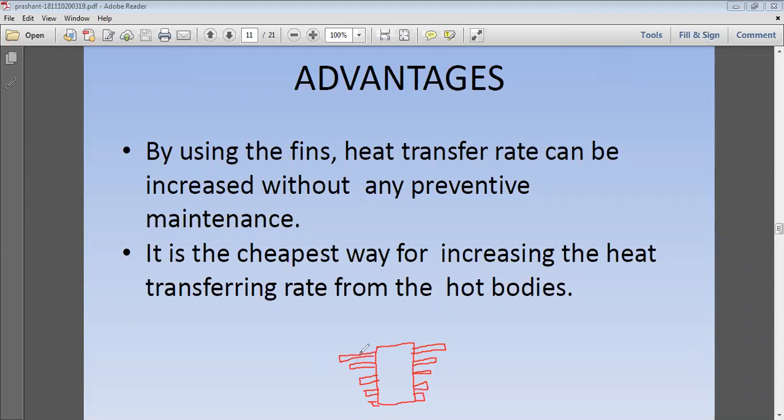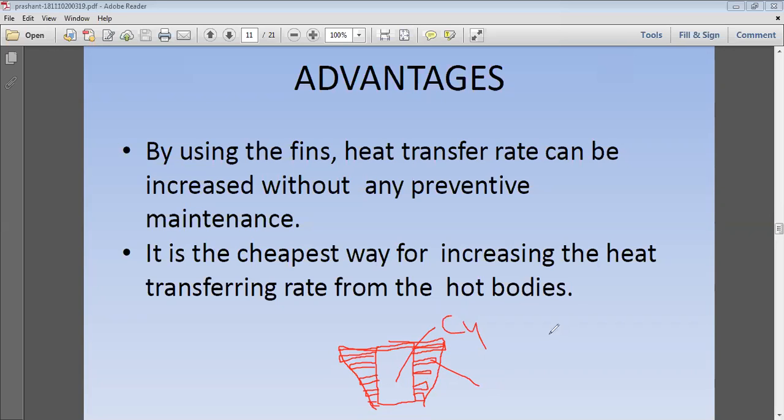Why must the engines be this way? Here you can see the shape will be like this. This is the cylinder, and these are the extended surfaces or fins.